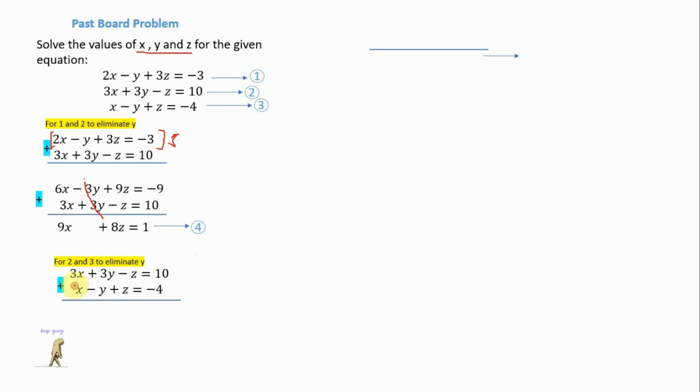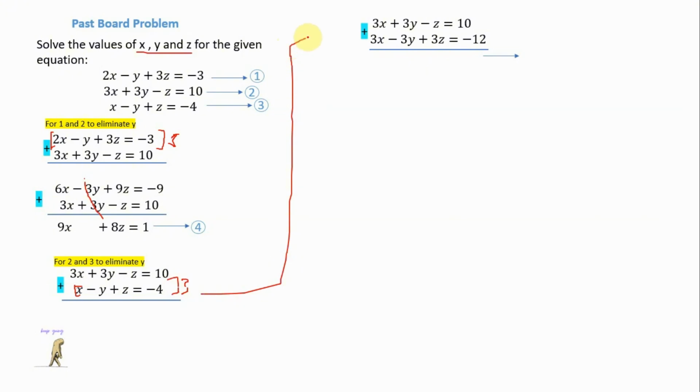What we need to do, as we did a while ago, is multiply this equation 3 by 3. So let's put it here, okay? And then after that, we will simplify this equation like this.